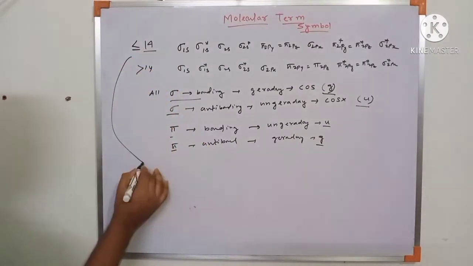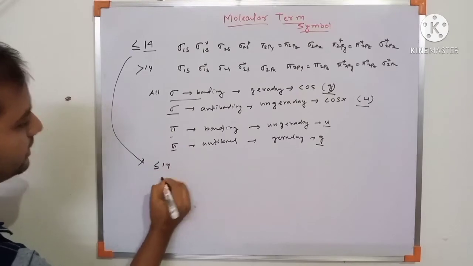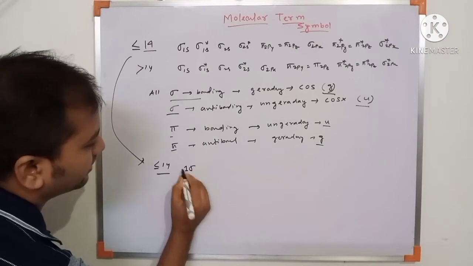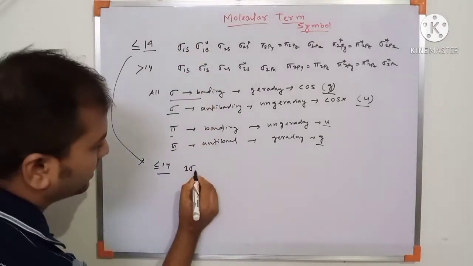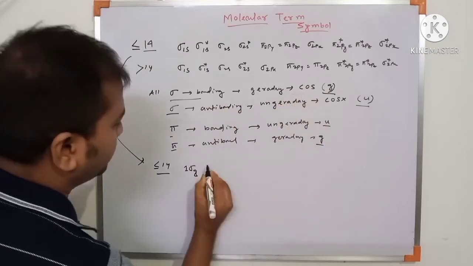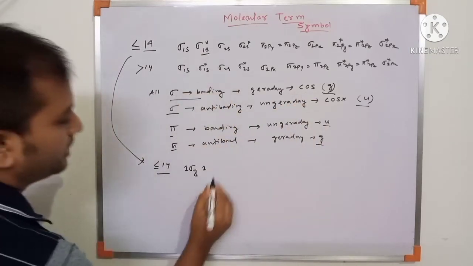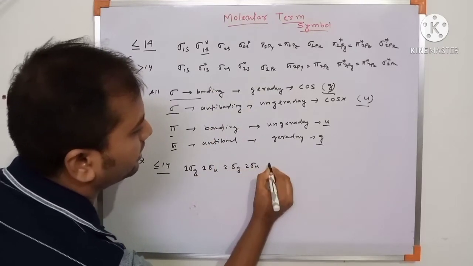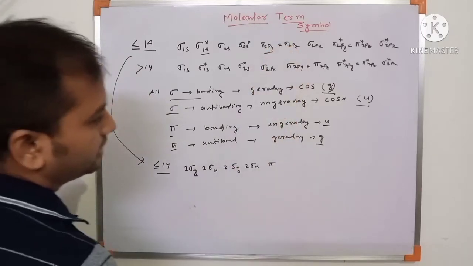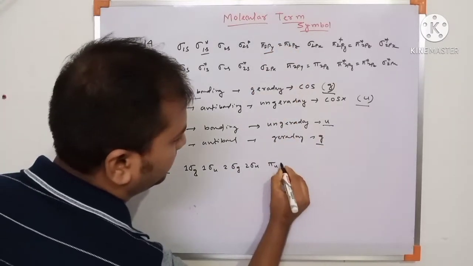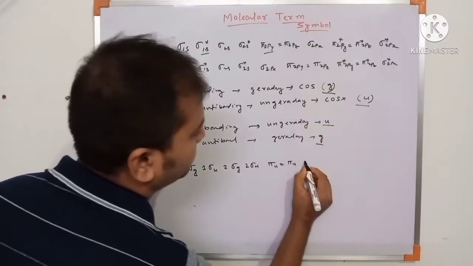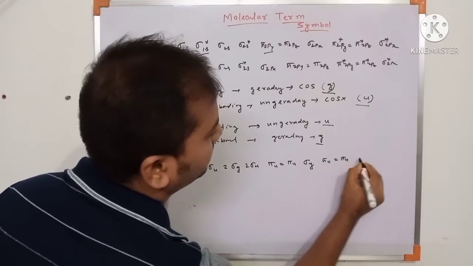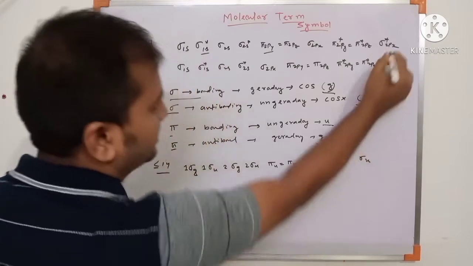So substituting this for less than 14 electrons: this is sigma 1, bonding, so 1 sigma g, and this is anti-bonding, so 1 sigma u, and similarly 2 sigma g, 2 sigma u, and pi. This pi is bonding, so we know this is u, so pi u, and sigma, this is bonding, so sigma g, and pi u equal to pi u and sigma u, this is anti-bonding.